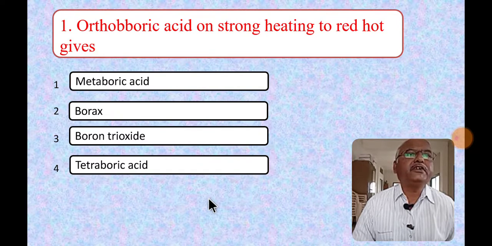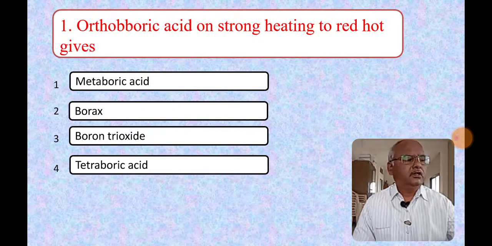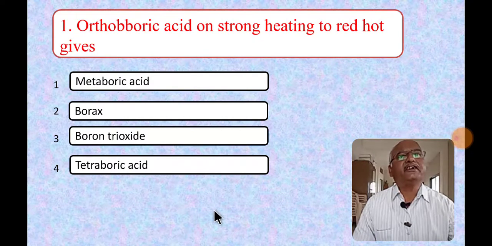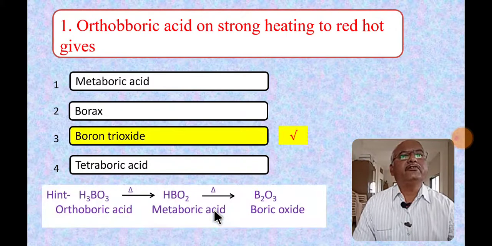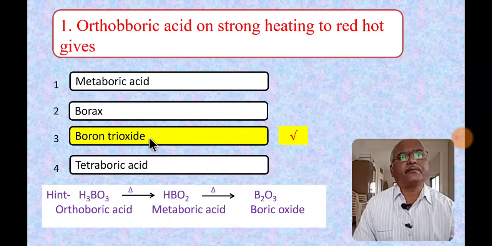Orthoboric acid on strong heating to red hot gives. Read all the options, select correct answer. Check your answer. Boron trioxide is the correct answer.